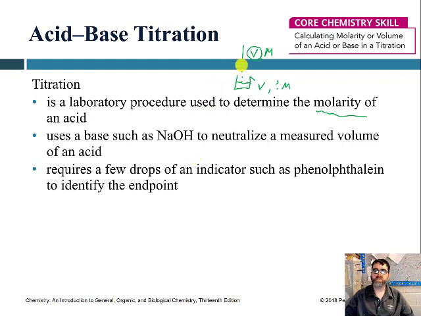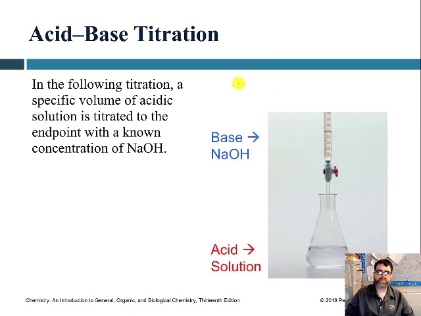We use a piece of glassware called a burette up here that allows us to, 1, measure this volume very precisely, and 2, really control and put a nice slow stream of drops down here to make sure that this thing just neutralizes completely as we go.